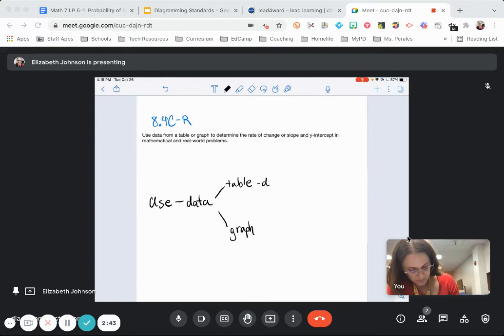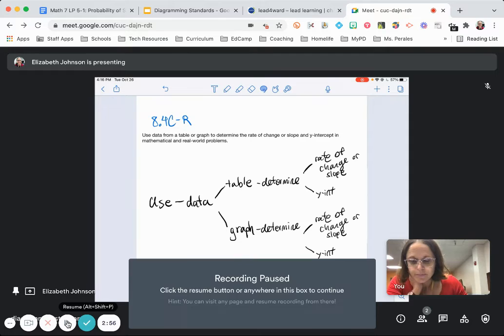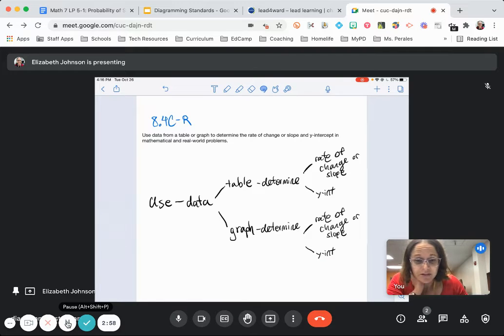So whether I have a table or a graph, I'm going to be determining something. I might need to determine the rate of change or slope, or I might be determining the y-intercept. And either way, I could be getting that rate of change or slope from a graph, or I could be getting that from a table.